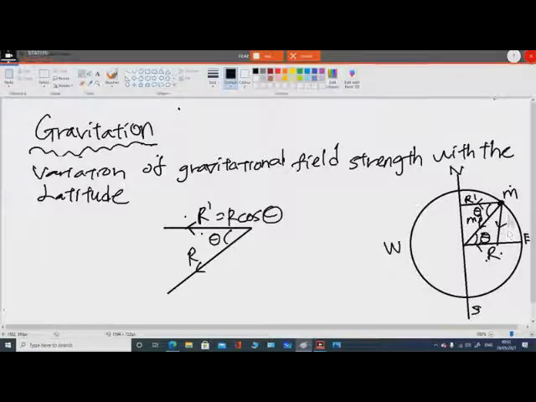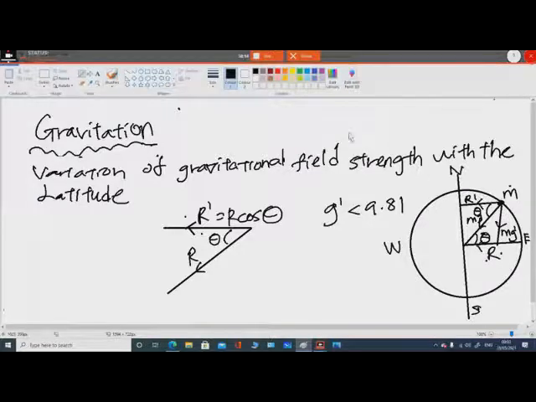So the mass m actually experiences another gravitational field strength, which is g prime. As m is at the position of r cos theta, it experiences a gravitational acceleration which is actually less than 9.81, as the mass m is located at a different radius.